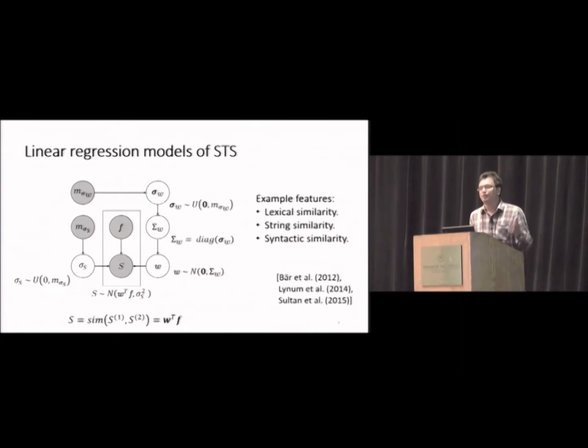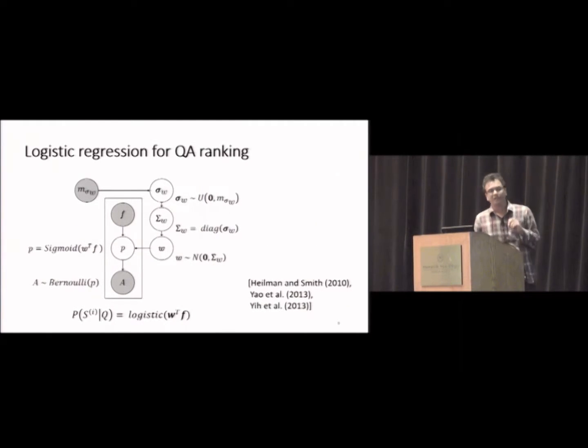This model is directly applicable to the task of short answer grading too, because there also we compute a real valued score that represents how good the answer is. But for question answer ranking, the annotations are not real valued, but binary. The annotators mention whether the given candidate answer sentence actually answers the question or not.